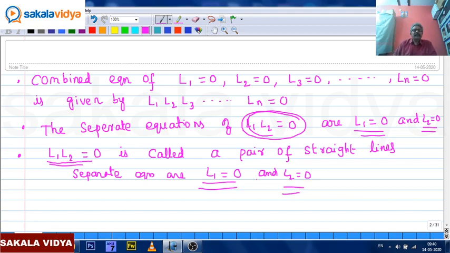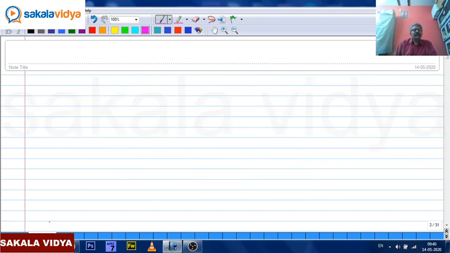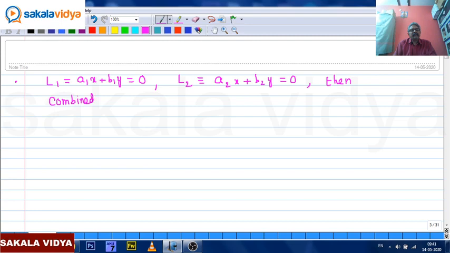And moreover, now if you observe, for example, L1 is equal to a1x plus b1y equals to 0 and L2 equals to a2x plus b2y equals to 0, then combined equation is L1 into L2 is equal to 0.